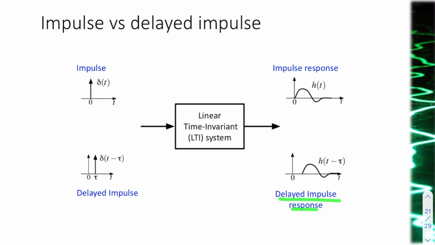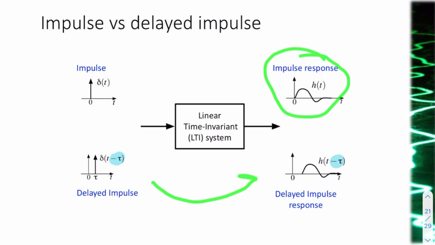I have a delayed impulse response. So the delay that happened here will cause a delay there. So that's an important property of a time invariant system. There's nothing new in this slide, but it's just to show you that if you delay your input, it will also delay the impulse response.